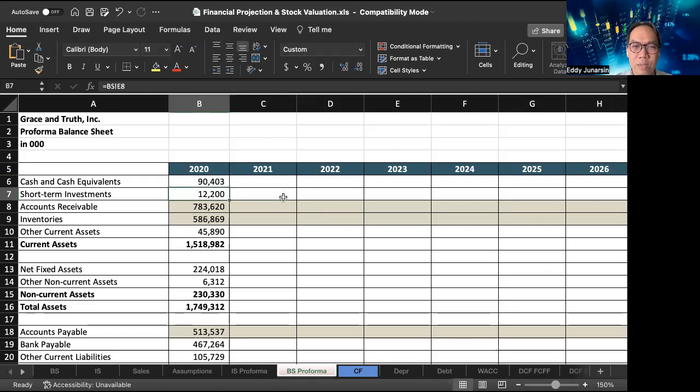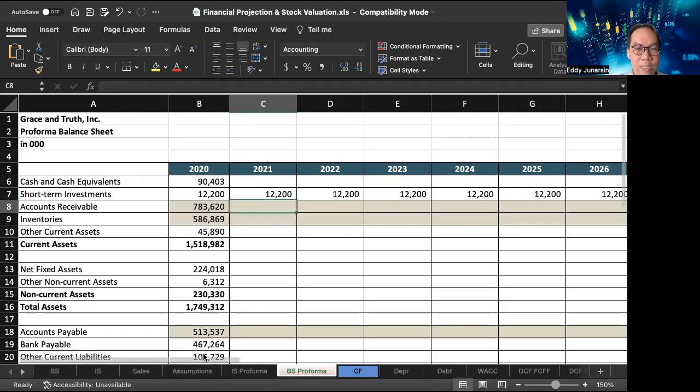In this example, because it's quite insignificant compared to other items, I would just assume that this would be constant, because even if they go in and out of the financial markets, the amount would be quite stable. The company might buy new short-term investments while the previous investments are sold or are maturing as well. Right? So I'll just assume that the amount is constant and it's not that significant. It's not that substantial anyway.